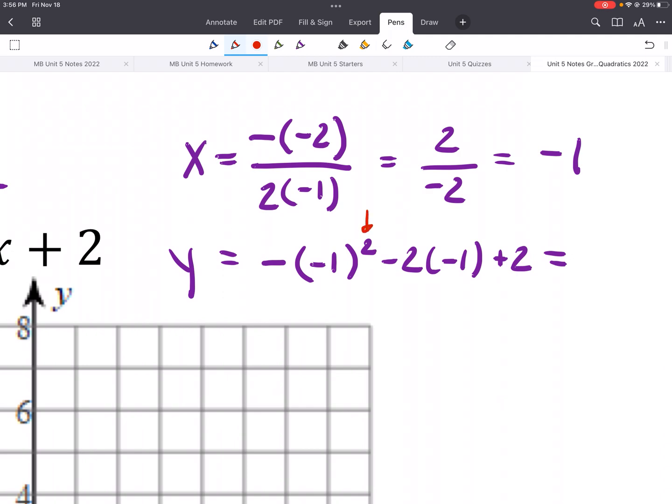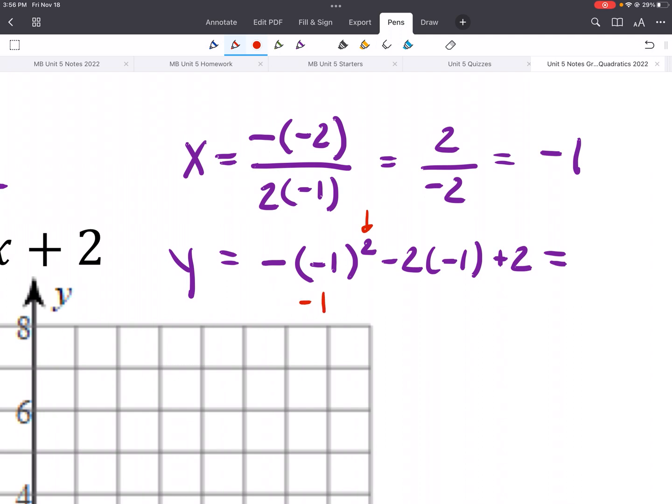Exponents go first. So you'd need to square this, and we would get 1. But then we still have this negative, okay? You could even put a parenthesis around it if you wanted to. I guess you don't really need to. So just realize that if you use your calculator and you use parentheses, then you don't run into the issue. But just make sure if you do it by hand, you use order of operations.